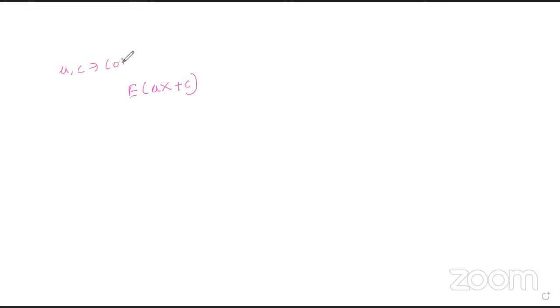It would be a times expectation of x, plus c. And if we are taking just the expectation of ax, then your c would be 0, right? Yes, there's no constant, just this. In that case it would be a times the expected value of x.